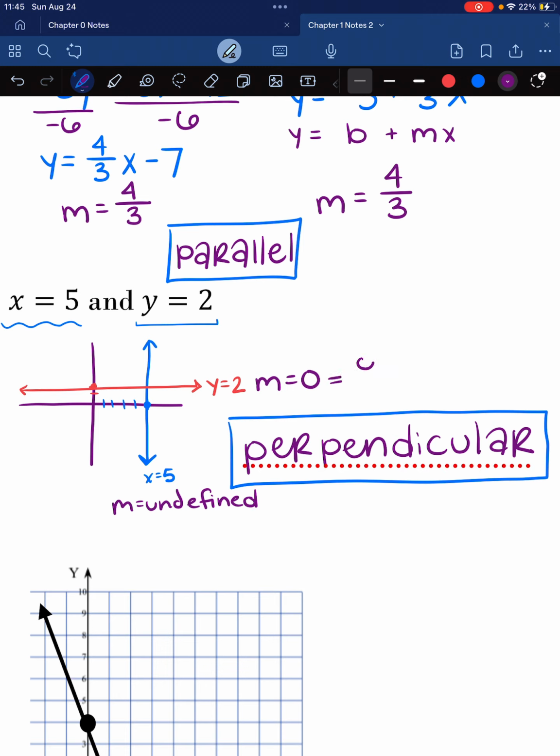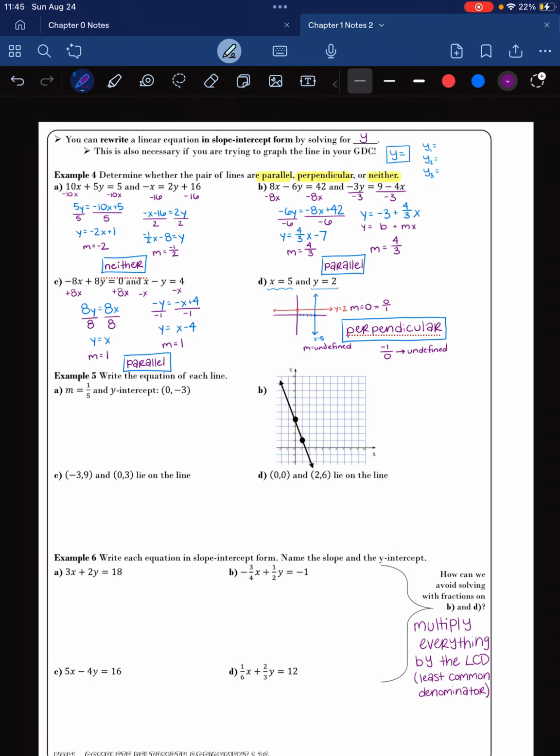If I think of 0, we can rewrite 0 as 0 divided by 1. So the opposite reciprocal of 0 over 1 is going to be negative 1 over 0. Reciprocal means I flip it over. And when I divide by 0, that causes my answer to be undefined. So they are actually opposite reciprocals of each other, and that is interesting.